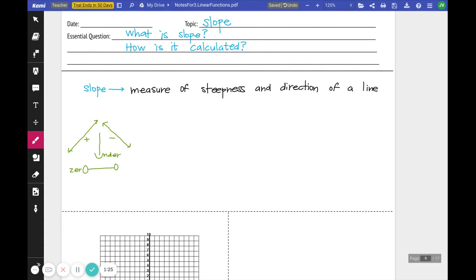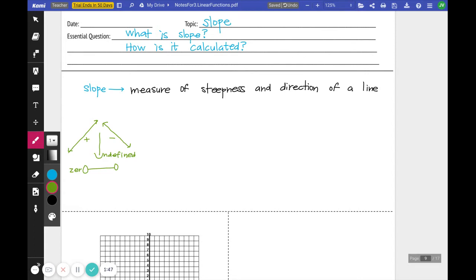And vertical lines will have an undefined slope. Okay? And undefined just meaning that it's not a number, because it's caused by dividing by 0 in our work.